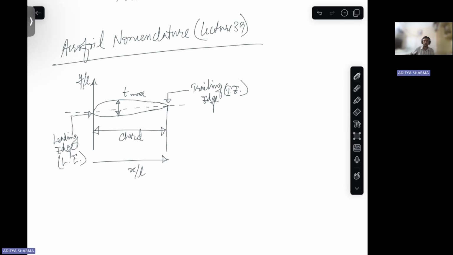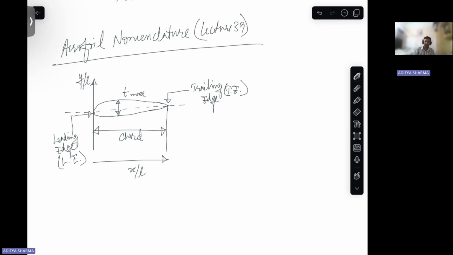So in the airfoil nomenclature, the cross section of your blade that we have been drawing is called an aerofoil.